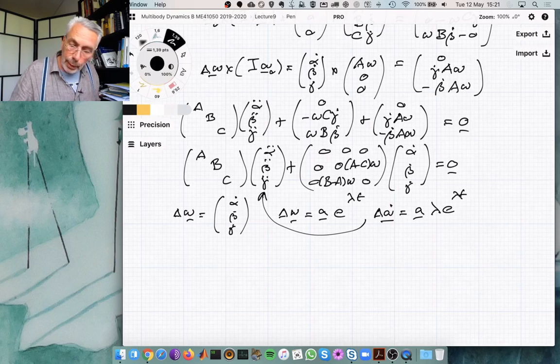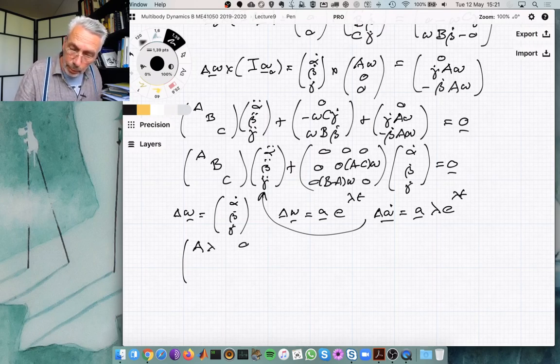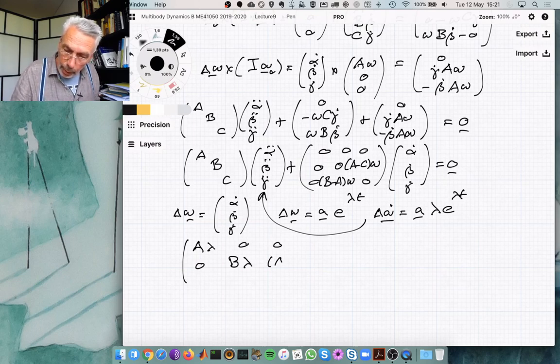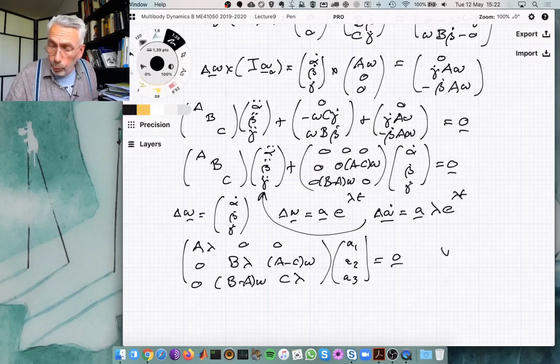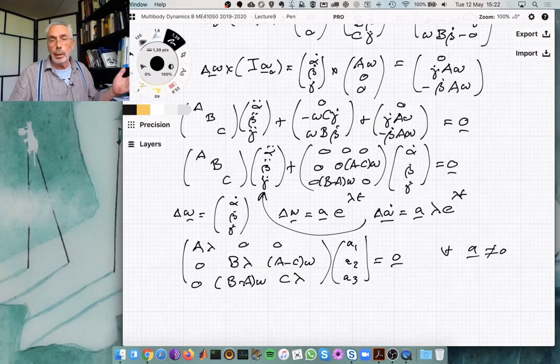So finally, if I substitute that, I get the following problem. I get a set of equations which go like this: A times lambda, and then 0, 0, and here's also a 0, and then B times lambda, and then here we get a minus, oh, I'm not so good at my minuses, minus C times, a1, a2, a3 should be 0, and that should hold for all a's, and not that the a's are all 0, because that is sort of cheating.